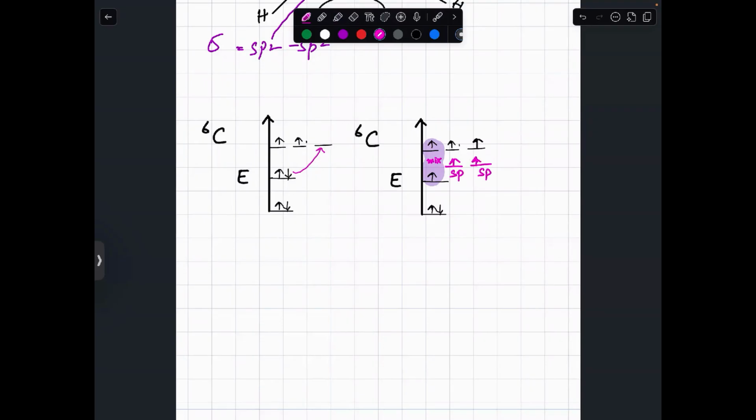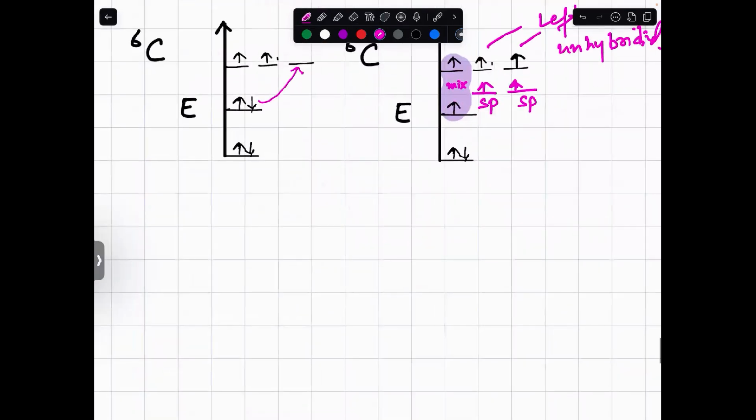These two are left unhybridized. So, with each carbon, there is this one sp, there is this the other sp. sp and sp, one electron, one electron.